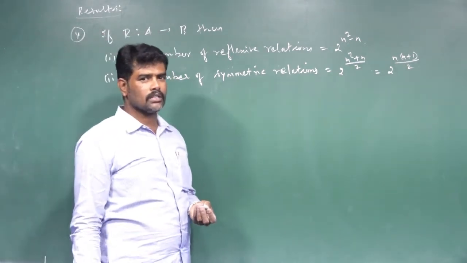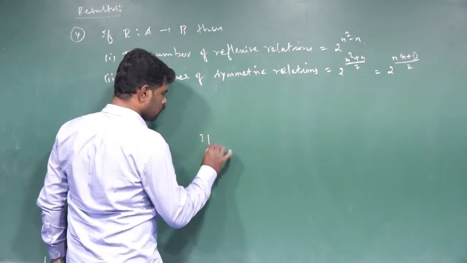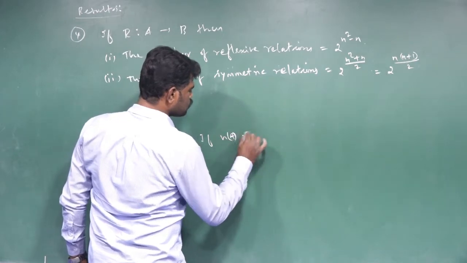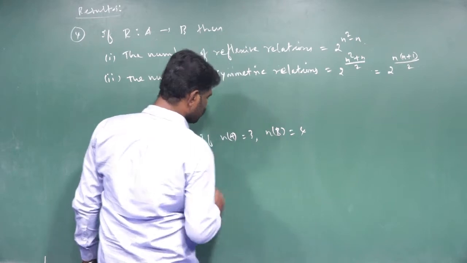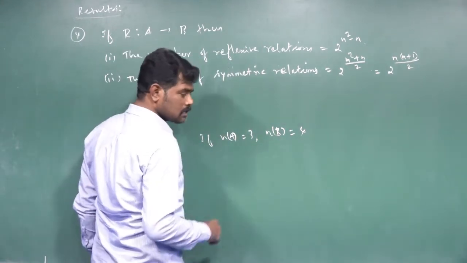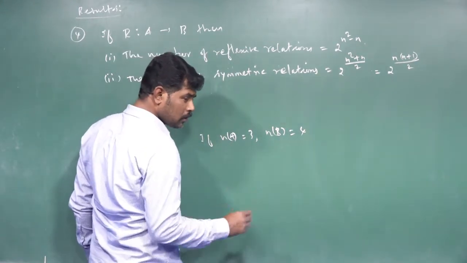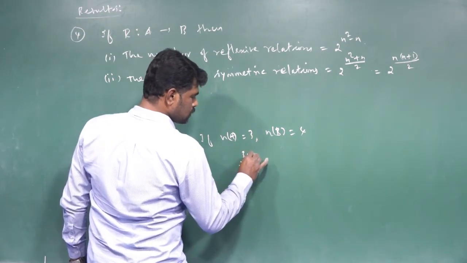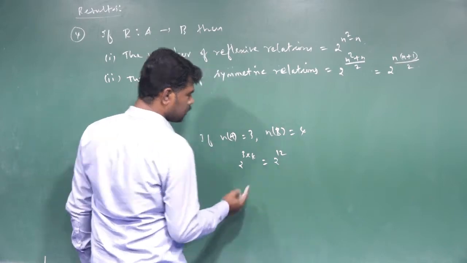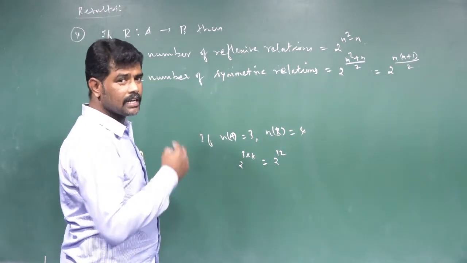In 1 mark they will give, if n of A is equal to 3 and n of B is equal to 4, then how many relations are possible? Then it is 2 power 3 into 4, 2 power 12, as I gave in the second formula.